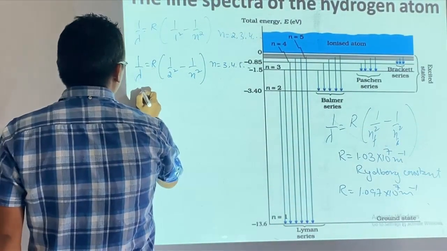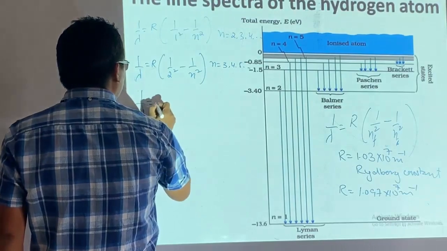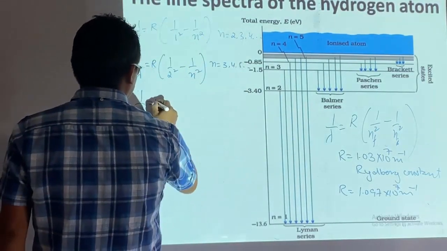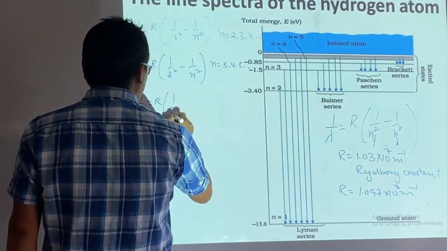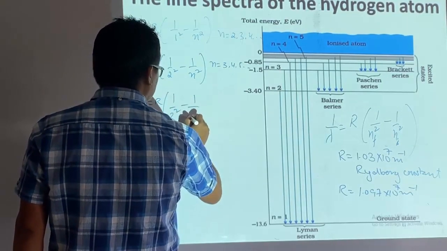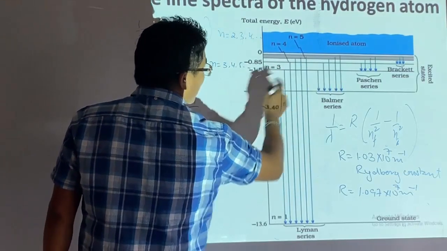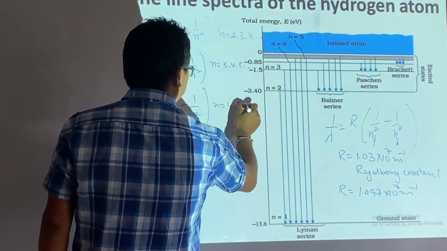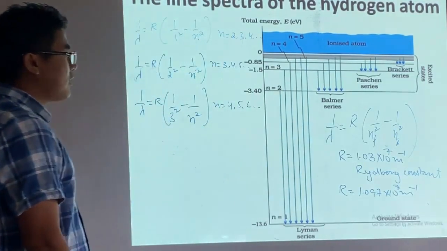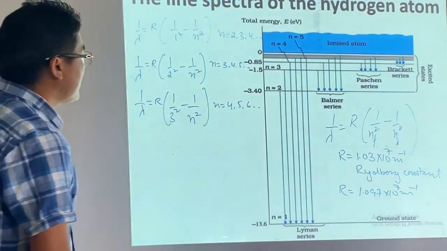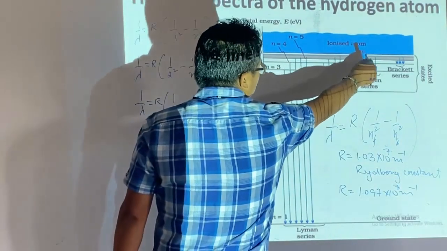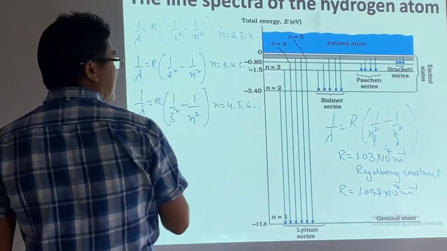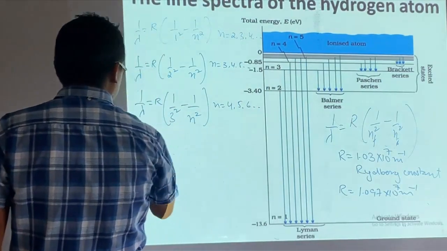Now any electron which comes down from a higher energy level to the second excited state is what we call the Paschen series. This is one set of spectral series, and this comes in the infrared range, right?